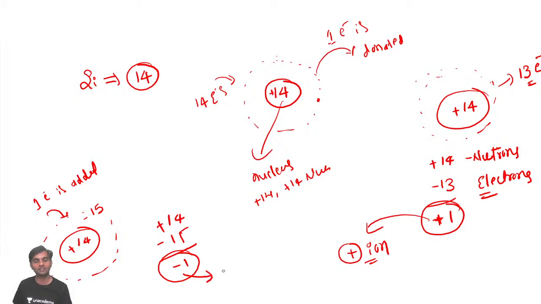This minus is nothing but an acceptor, and the atom becomes a negative ion. So by donating one electron, it becomes a positive ion, and by accepting an electron, it becomes a negative ion. Hope the point is very clear. Yes or no?